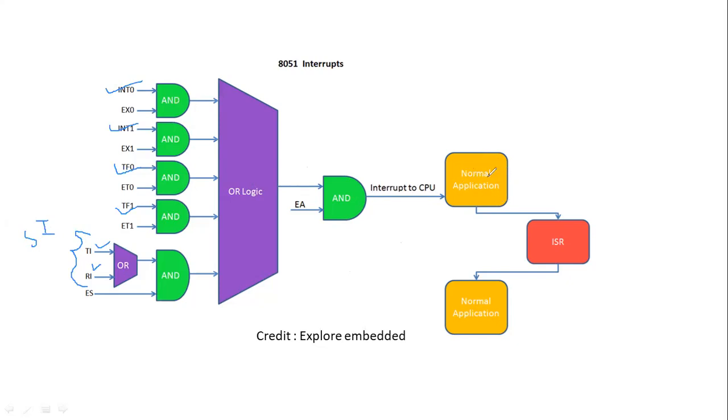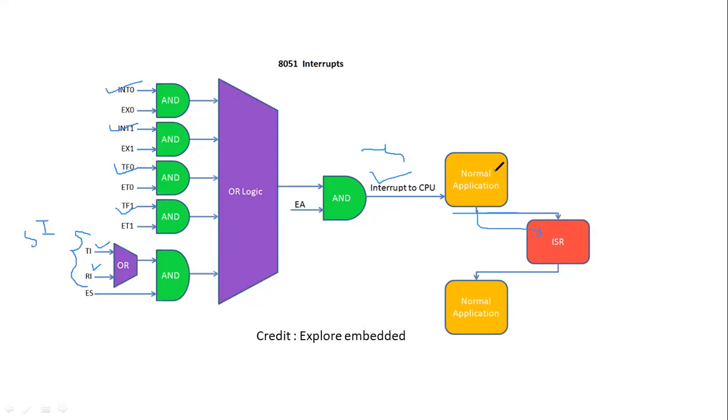When the CPU receives an interrupt, it will stop its execution and move to the interrupt service routine, as the address is given by this interrupt signal. The task to be done is stored in this interrupt service routine.